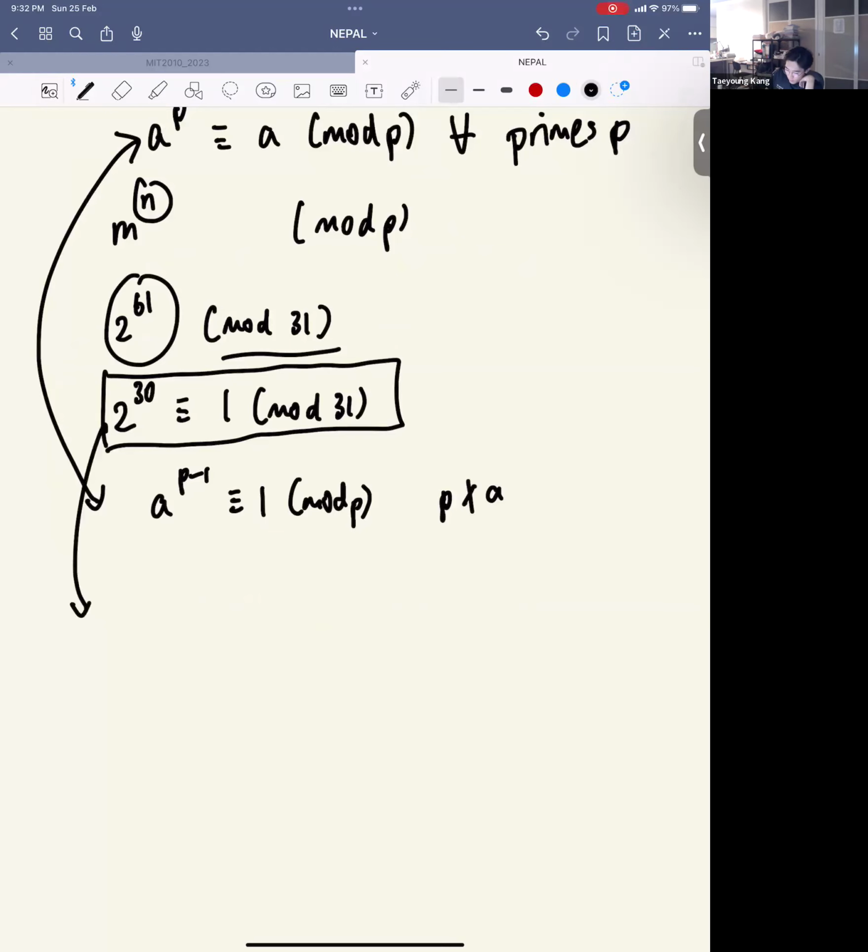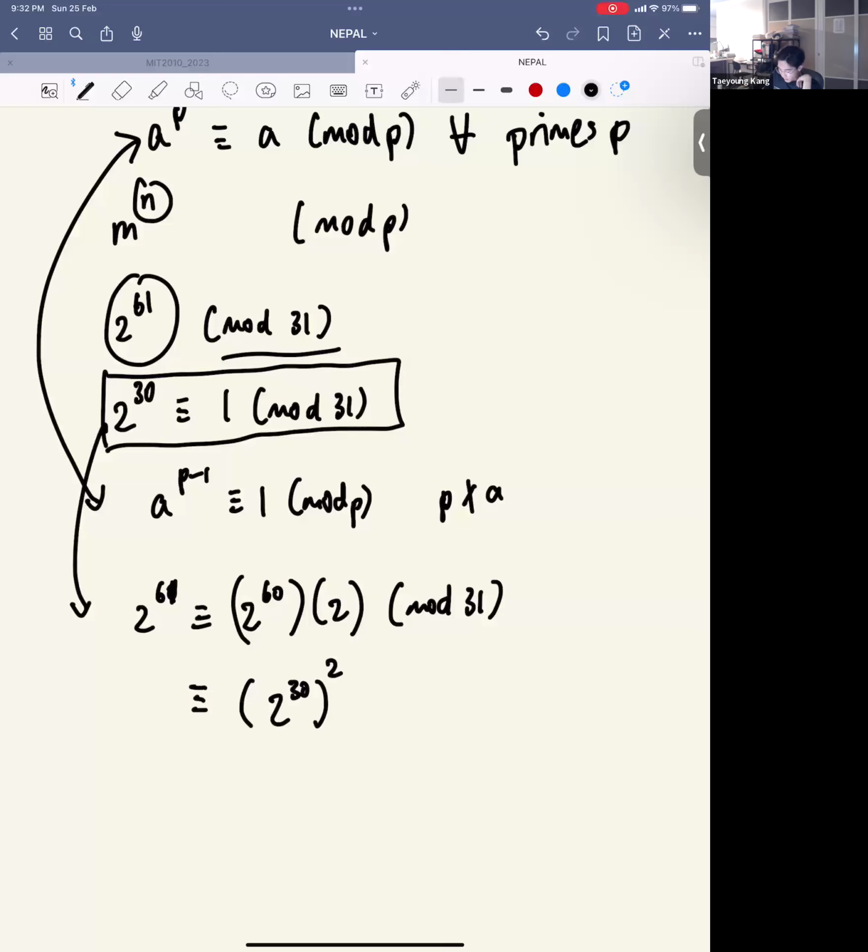So if we have this very useful condition, we'll be able to find what this is mod 31. Because 2 to the power of 61 is congruent to 2 to the power of 60 times 2 mod 31, which is congruent to (2 to the power of 30) squared times 2 mod 31.